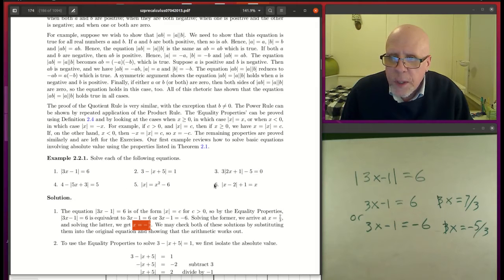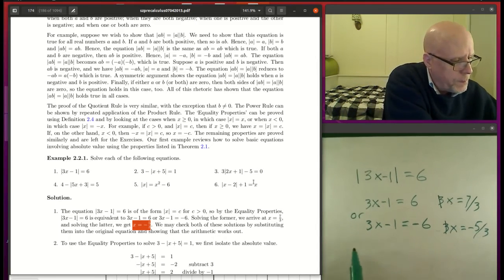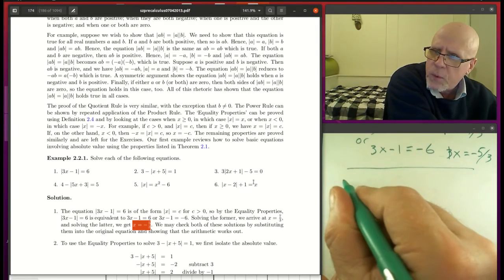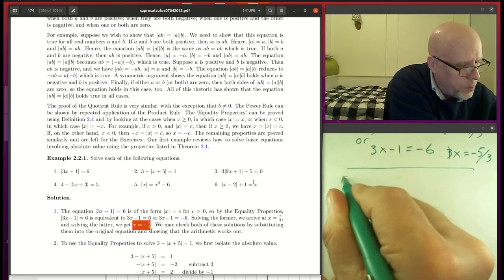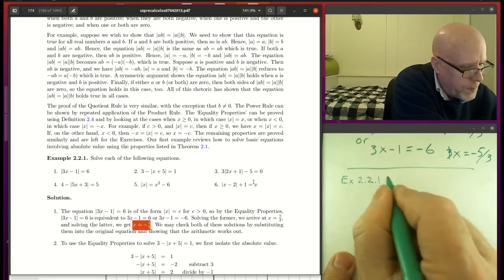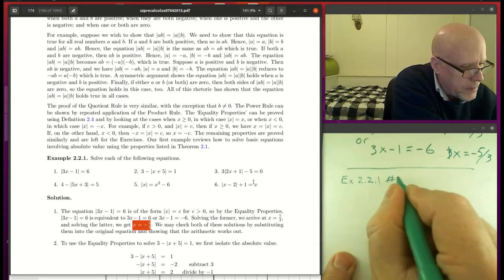How about we jump to the end? Number 6. Absolute value of x minus 2, plus 1, is equal to x. I should have labeled what I was doing before. This is example 2.2.1, number 6 in that group.